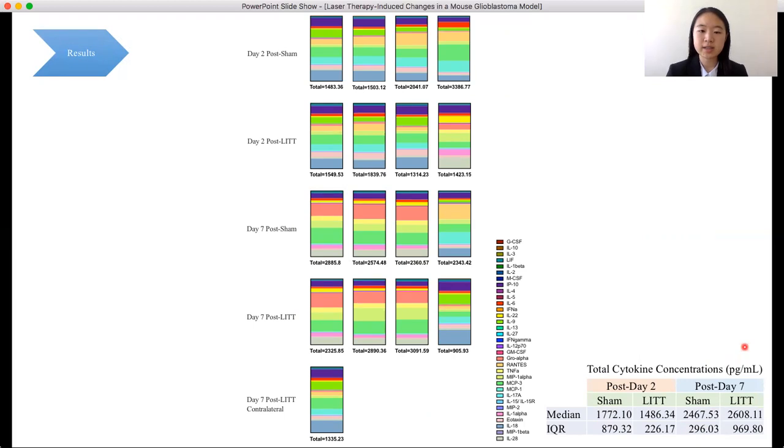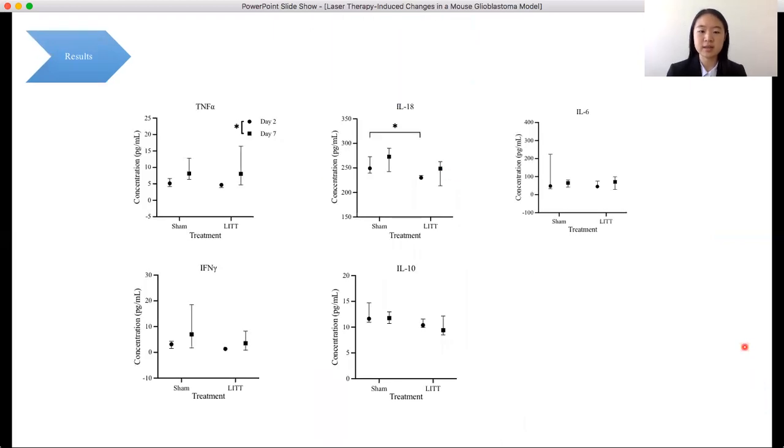The next comparison that I wanted to make was looking at the individual cytokines and how they related to each other across treatment groups and across the days. So these are just representative graphs of 5 cytokines. I ran ANOVA 2-way tests and also student paired t-tests on each cytokine.